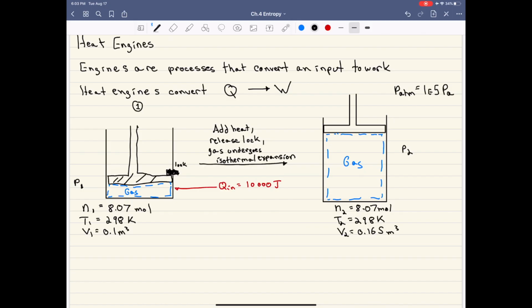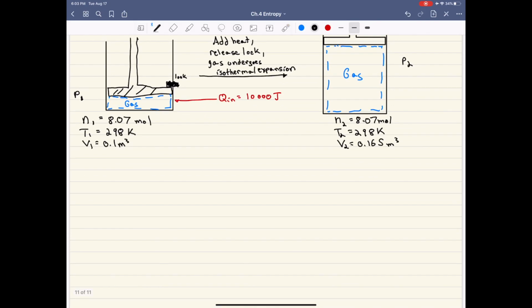All right, and so this is the premise, and these are the initial and final conditions of our system. And we're going to use these initial and final conditions for both the reversible and the irreversible processes. So first, let's consider the reversible process.